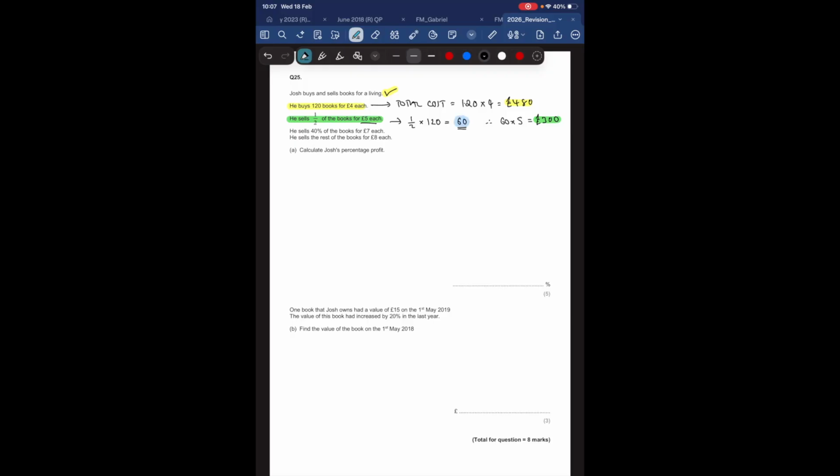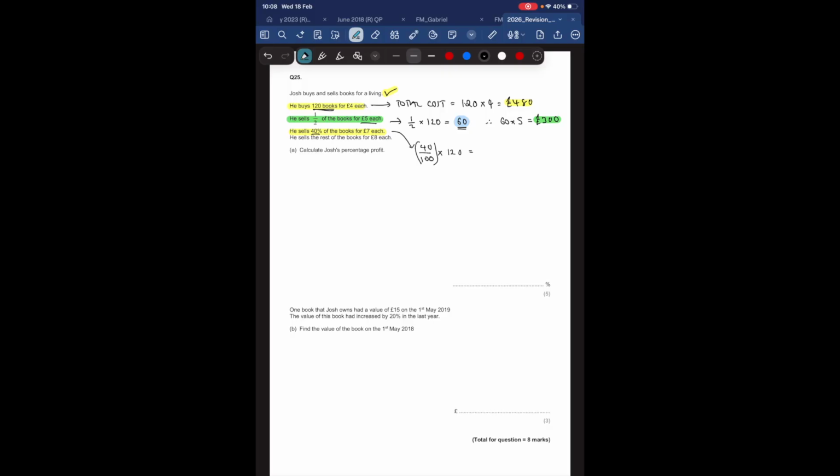Now the number of books that is actually sold for the £5 is 60. We're then told on the next line that he is selling 40% of the total number of books that he has, which is 120, for £7 each. So we need to work out 40% of 120 first. So 40% is basically 40 over 100 times 120.